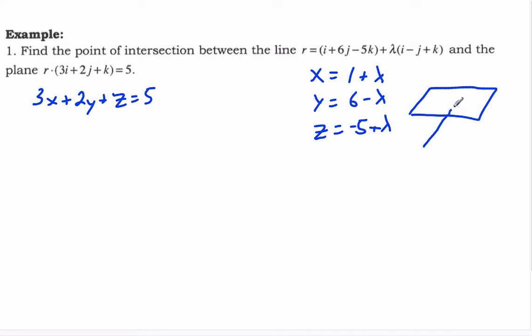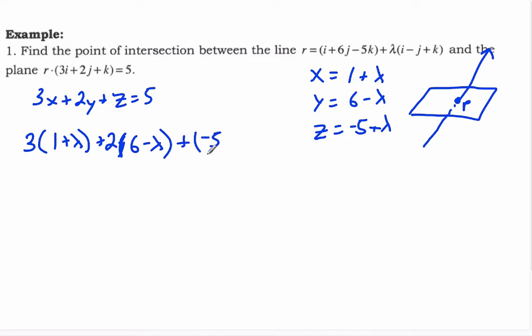Remember, the line looks like this, and it touches the plane at one point. So any point on the line is represented by these parametric equations, and we want to find this particular point, the point of intersection. So we can just substitute this point into the plane and solve for lambda. So we got 3 times (1 plus lambda) plus 2 times (6 minus lambda) plus (negative 5 plus lambda) equals 5.